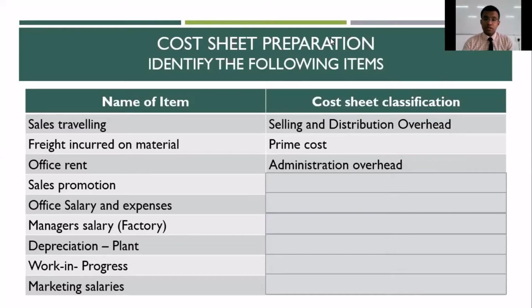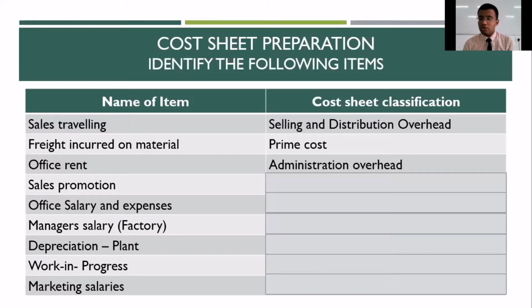Someone just put me a message asking me to explain the second one once again. Freight incurred on material: what is meant by freight charges? Freight charges are basically handling charges that you have for your raw material. Raw material is an essential part of your production process.